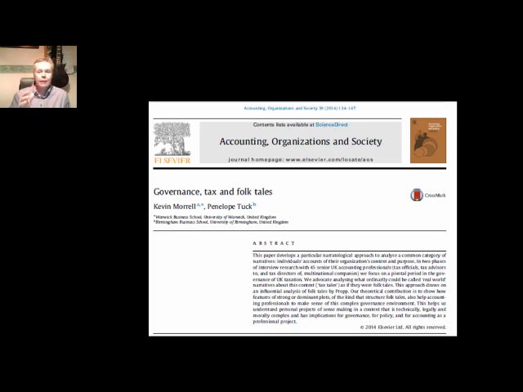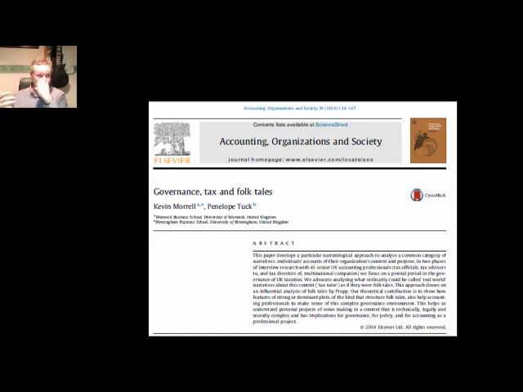But where it's relevant is this uses an account of how to analyse fairy tales, and it applies it to a seemingly completely different world, which is accounting, and what people say to HMRC, which is the Customs and Excise, the tax body in the UK. And what we found quite amazingly, there was quite a correspondence between the logic of the fairy tale and the kind of logic that drove these presentations of accounts.